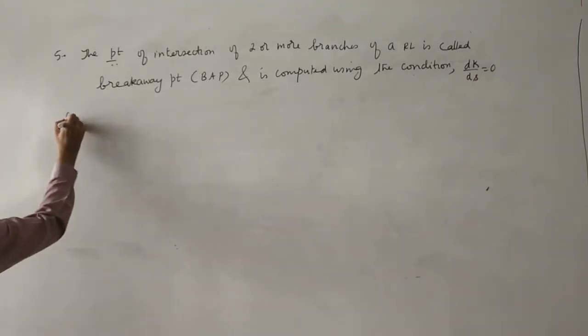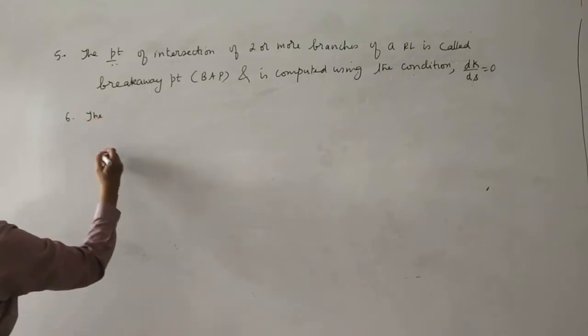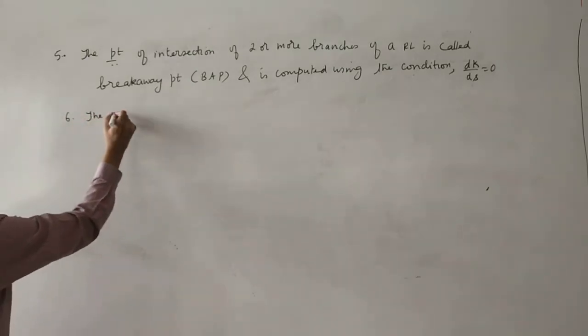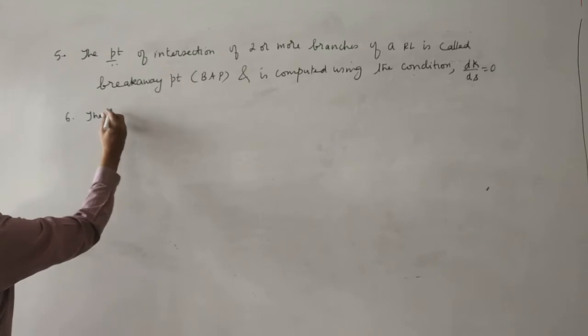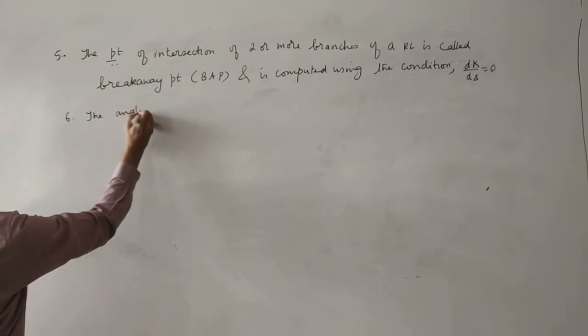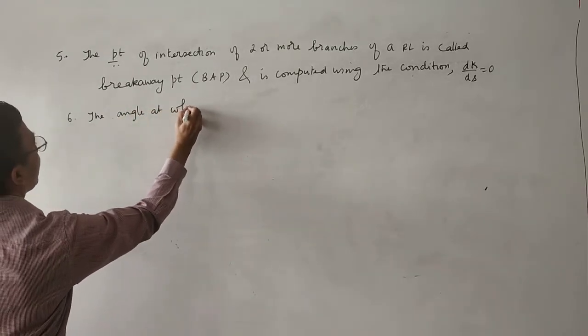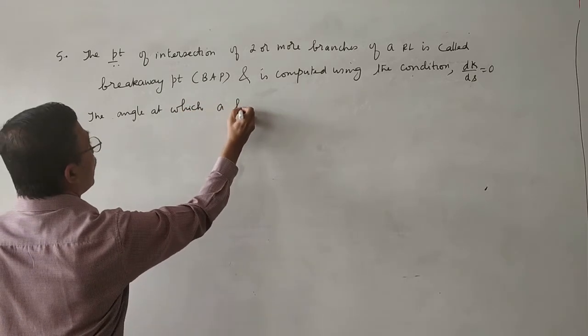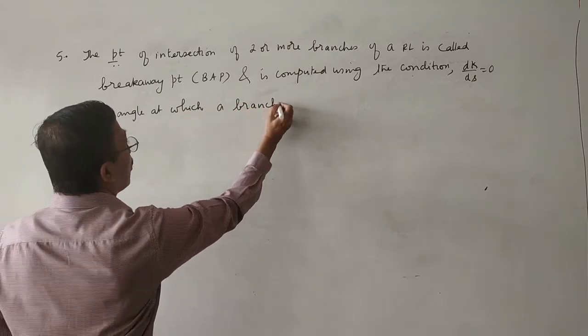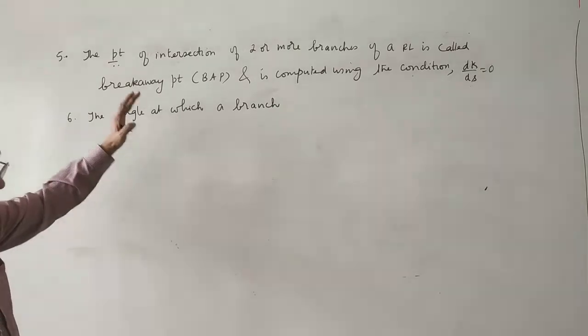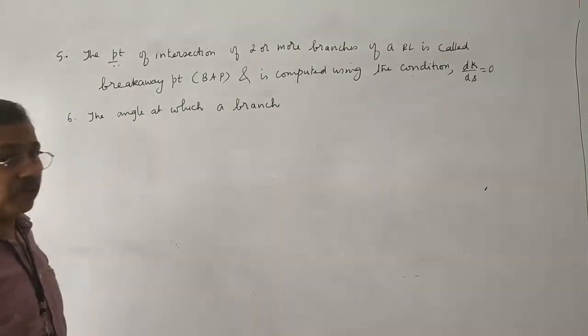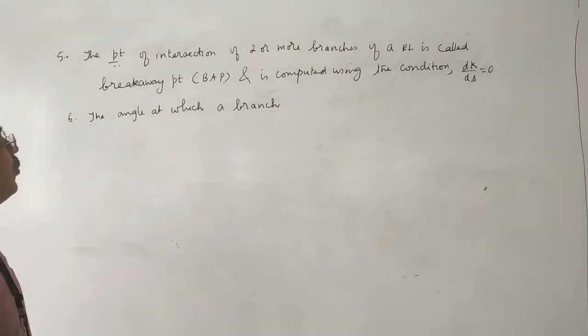Next point. The angle at which a branch of the root locus, don't worry about these guidelines, all these guidelines will be put into use when we do problems. Now just try to remember these guidelines.